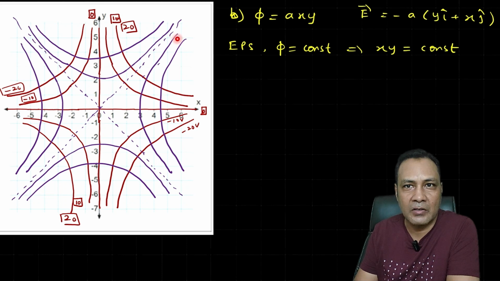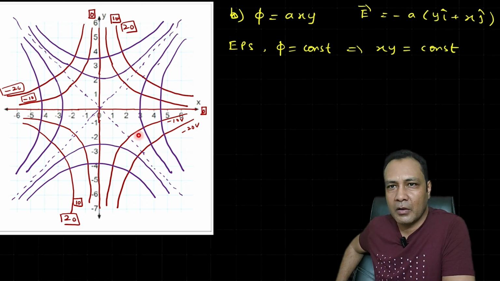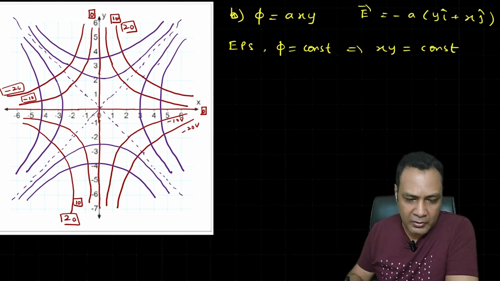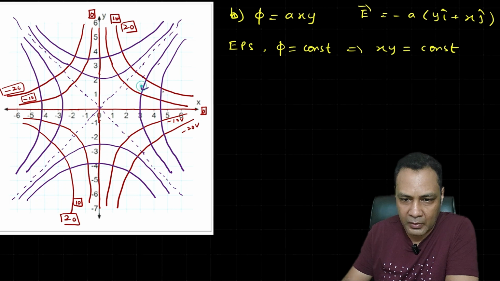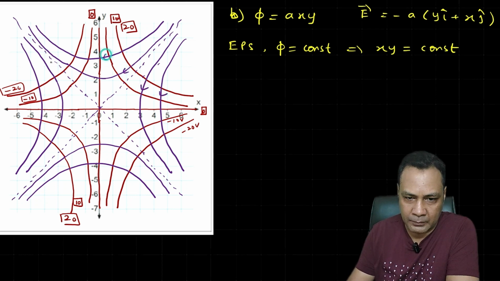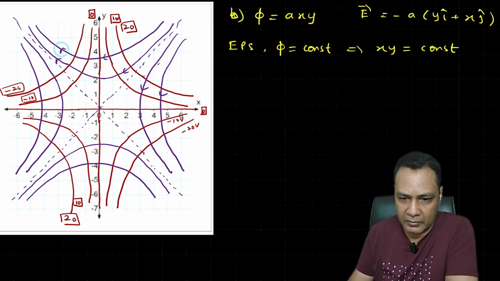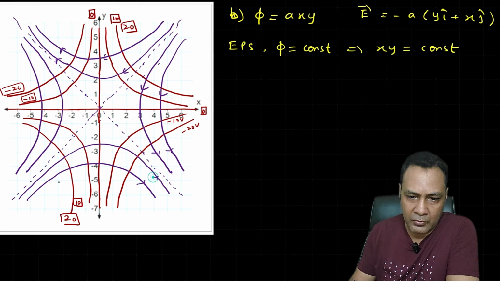The electric field is in the direction where the potential decreases, or we can say that in the direction of the electric field, potential decreases. So the direction of the field line here would be like this, and the same way here it will be like this, like this, and you can continue here. Here also you can continue. Here we can make like that, and here we can make like that.